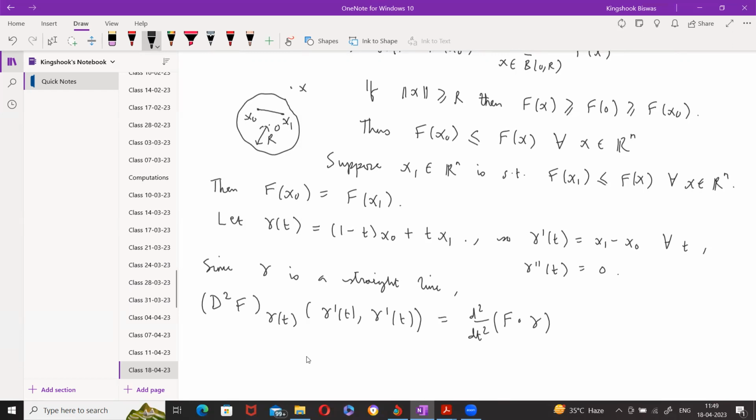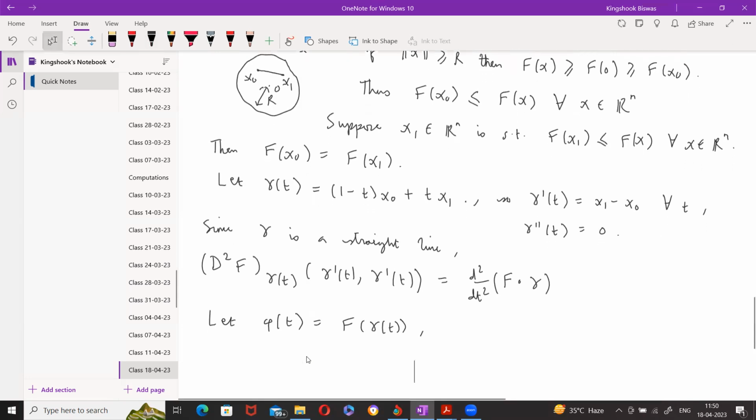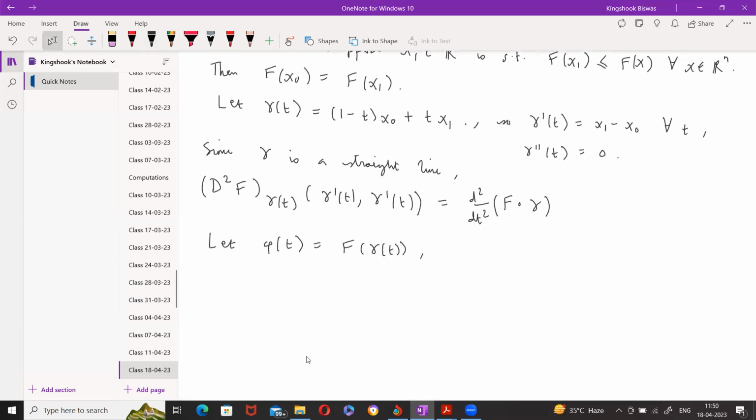So thus, if we let phi of t be f of gamma of t, then phi double prime t is equal to d squared f at gamma t acting on gamma prime t.